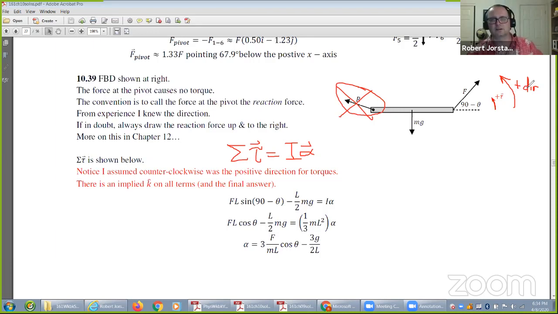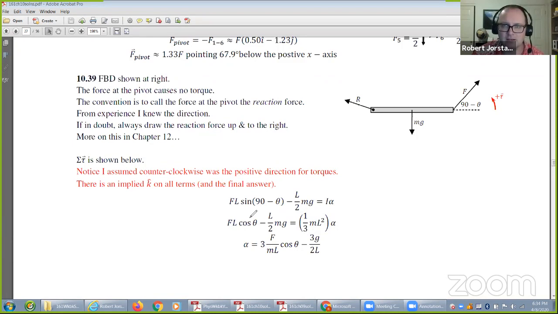So take a look. For the black force, this is the entire length. So that's why I get L. There's the force times the sine of the angle between. The angle between, in this case, is 90 minus theta. Okay.